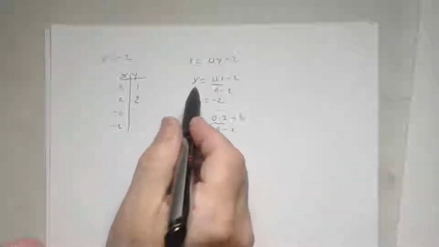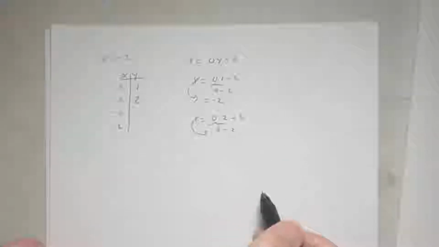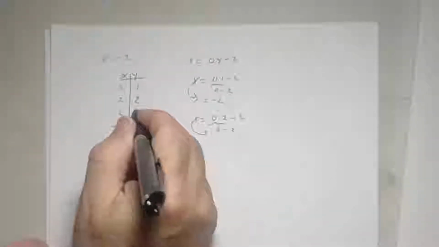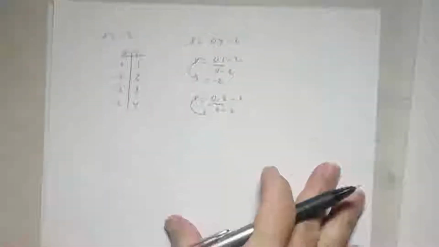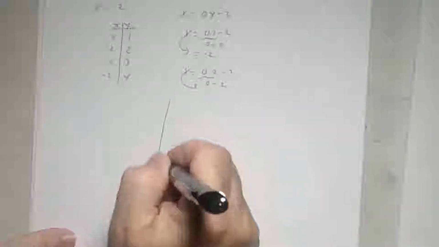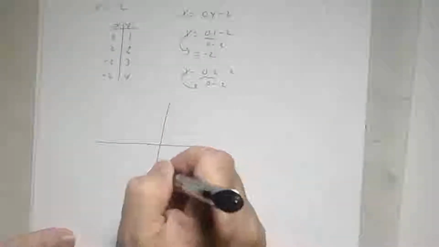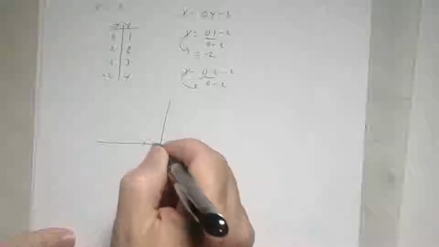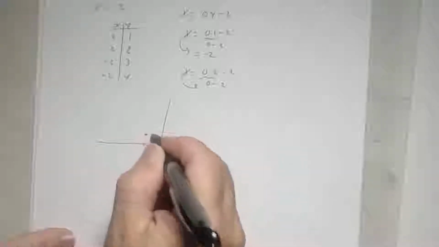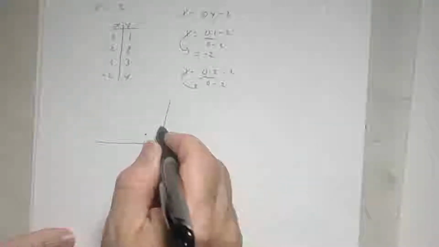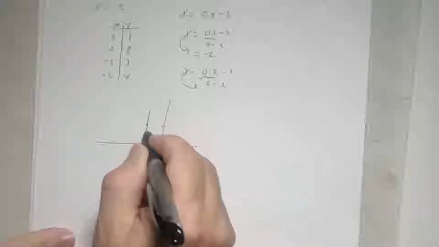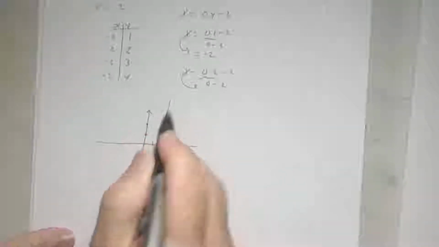So again, x is always equal to what? Negative 2, no matter what y is. So if you graph x equals negative 2, (-2, 1) is here, (-2, 2) is here, so notice you get a vertical line.